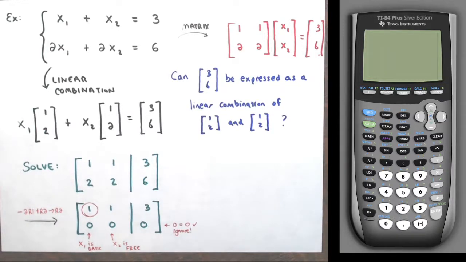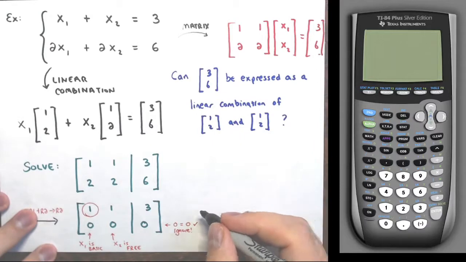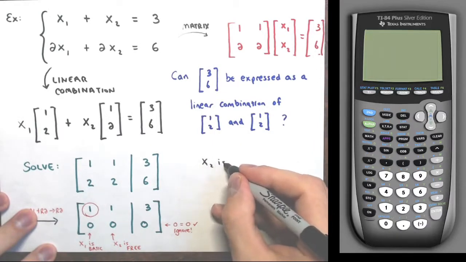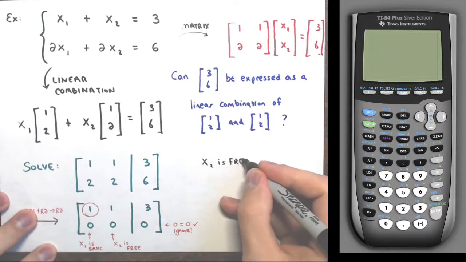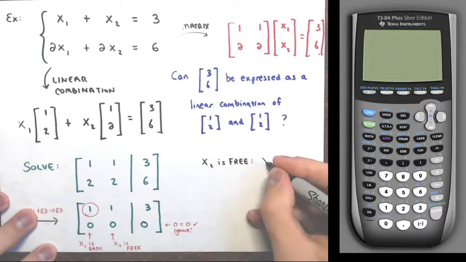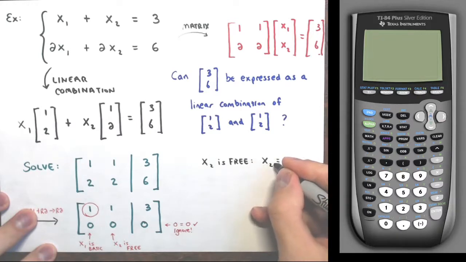So very often now you can leave it as x2 if you want, but because x2 is free, I'm going to say let's let x2 be any real number I wish.